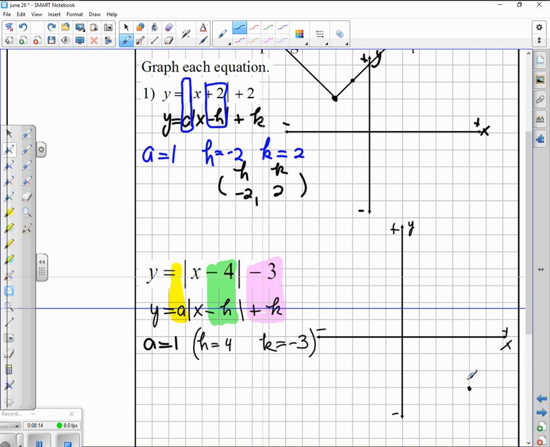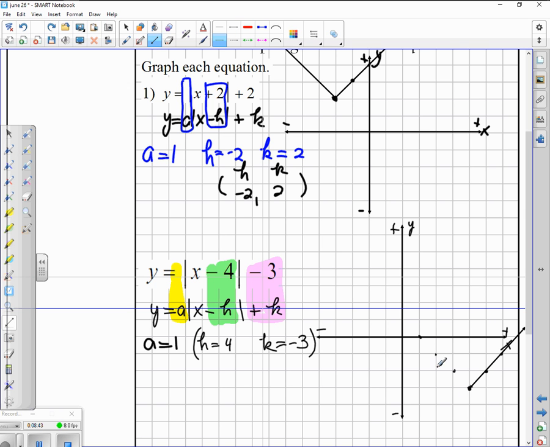So now from here, I'm going to go 1, 1, 1, 1, and that allows you to make the graph. Remember, think of a ball coming here and bouncing and going in the opposite direction. So like before, you're going to go 1, 1, 1, 1, and 1, 1.